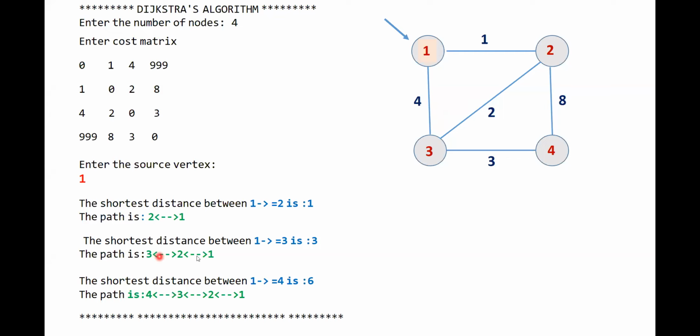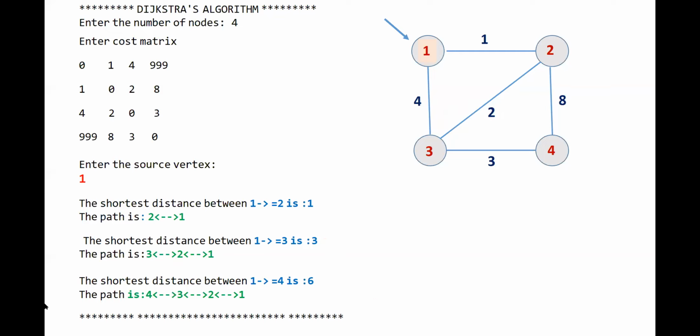Here it is showing the reverse path, from 3 to 2, 2 to 1, or you can read it as 1 to 2, 2 to 3. So this is 1 plus 2, which is 3. This is the shortest. Even though I have direct adjacency with cost 4, this will be the shortest path to reach from 1 to 3, and it is mentioning the same here.